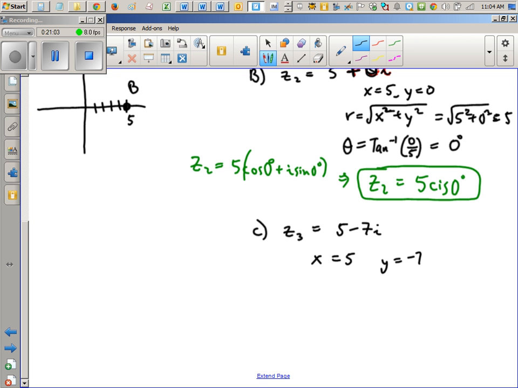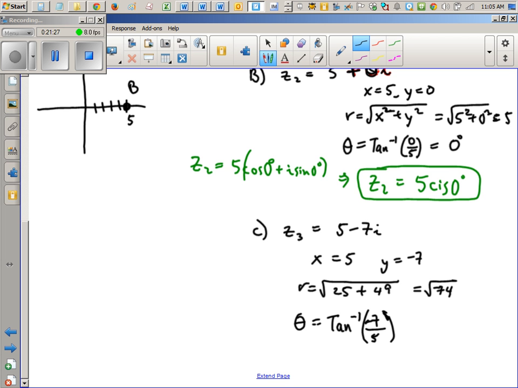Negative 7, right? So r is going to be the square root of 25 plus what? 49. In other words, the square root of 74. Theta is going to be inverse tan of what over what? Negative 7 over 5.